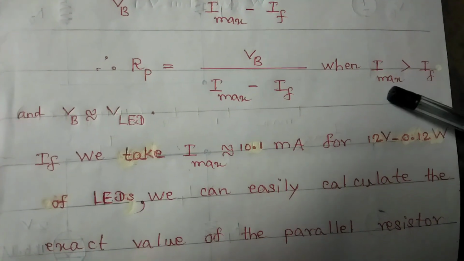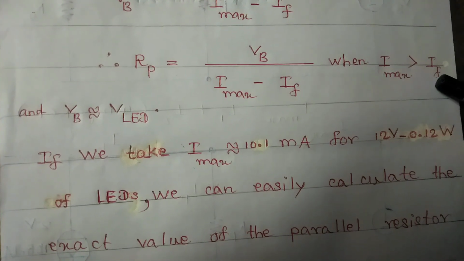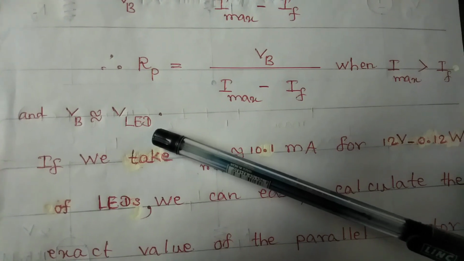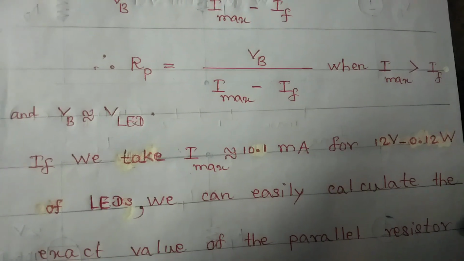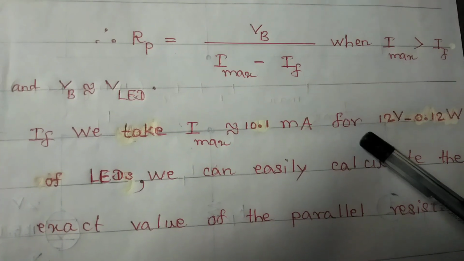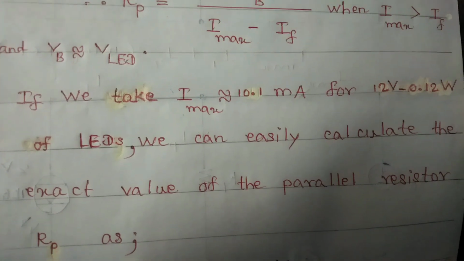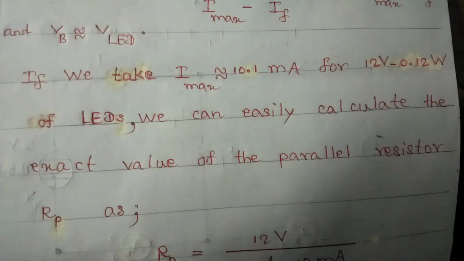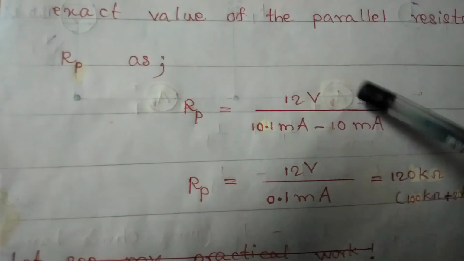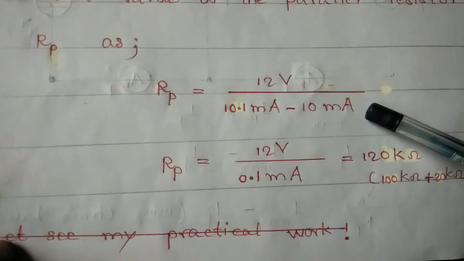We must note in this equation that Imax is greater than IF, and VB is approximately equal to VLED. And so if we take Imax approximately equal to 10.1 milliamp for a 12 volt 0.12 watt LED, we can easily calculate the exact value of the parallel resistor RP. RP is equal to 12 volts divided by 10.1 milliamp minus 10 milliamp.